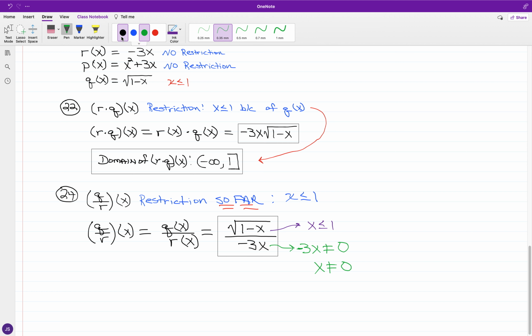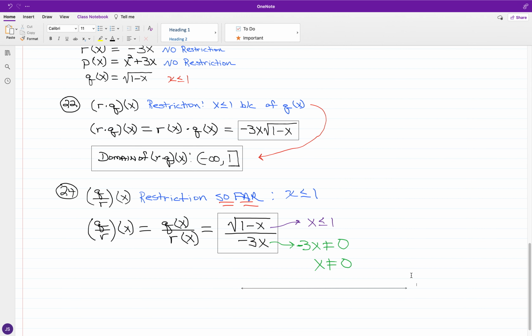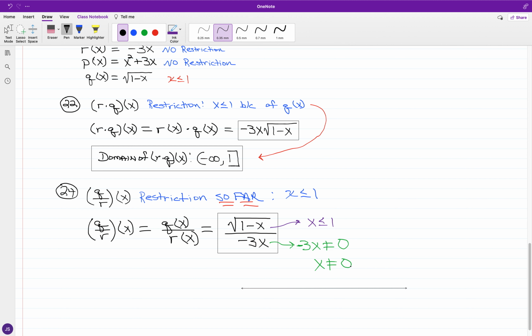Okay, and looking for the domain of this particular quotient function, we have not just x is less than or equal to 1, but thanks to r of x being at the bottom, we now have the added restriction that x cannot be 0. So for the numbers of interest, we have 0 and we also have 1.